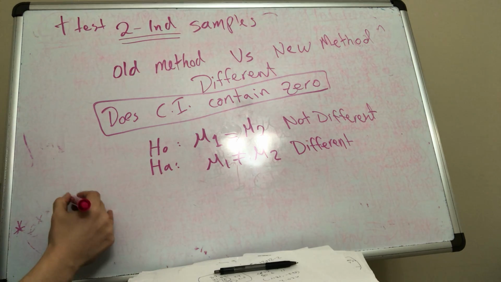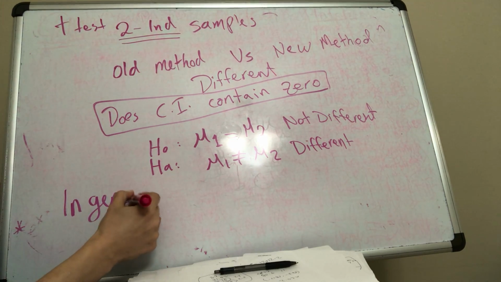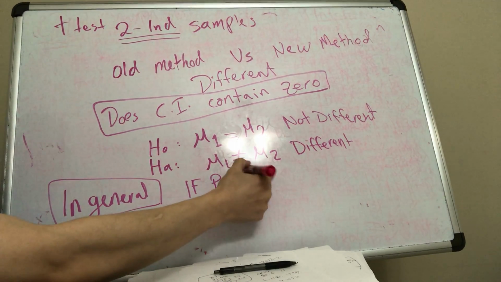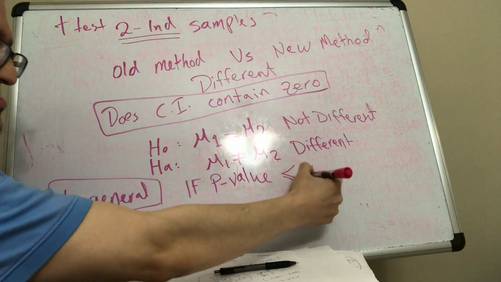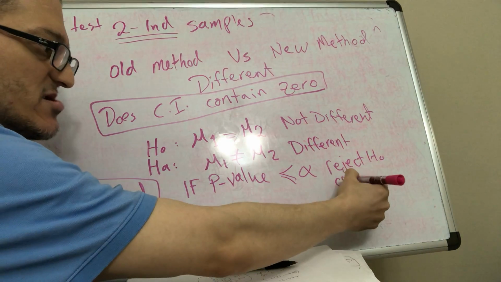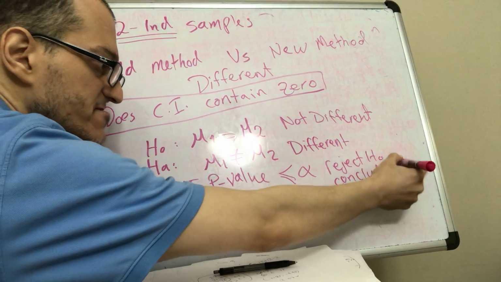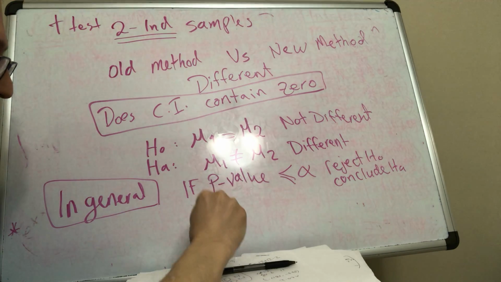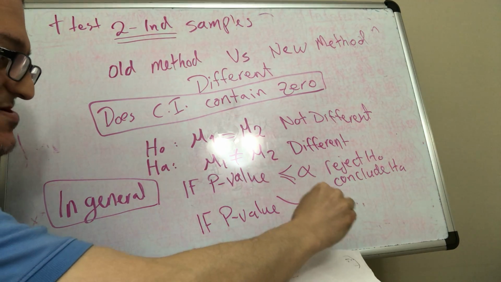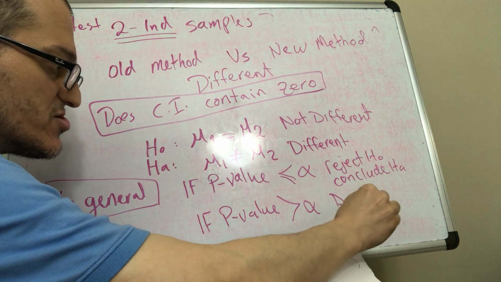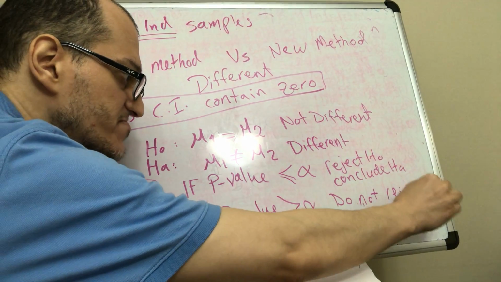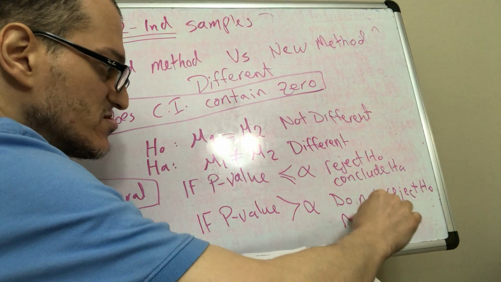Now, in general, if your p-value is less than or equal to alpha, you're going to reject H0 and conclude HA. If the p-value is more than alpha, you're going not to reject H0, not conclude HA.